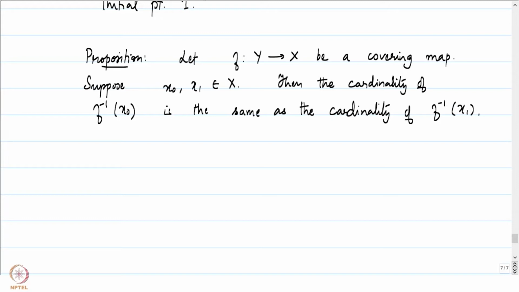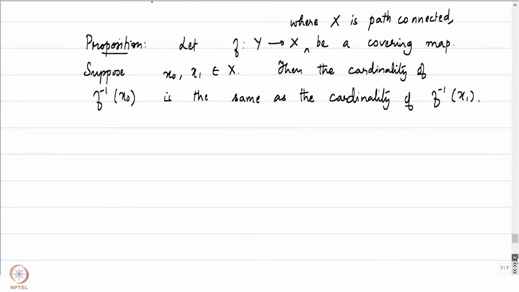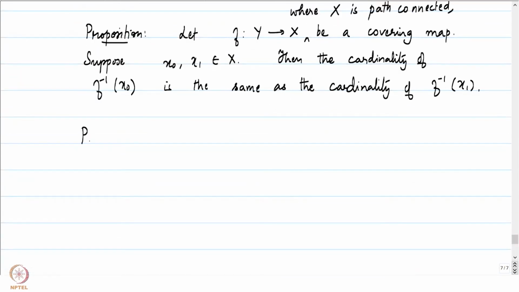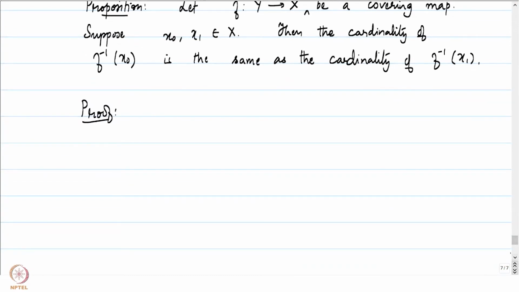Of course, we need to put in a few more conditions. Let f be a map from y to x where x is path connected, and let f be a covering map. The path connectedness assumption, we will see why this has been imposed. The moment we are given such points x0 and x1, path connectedness ensures that we have a path.